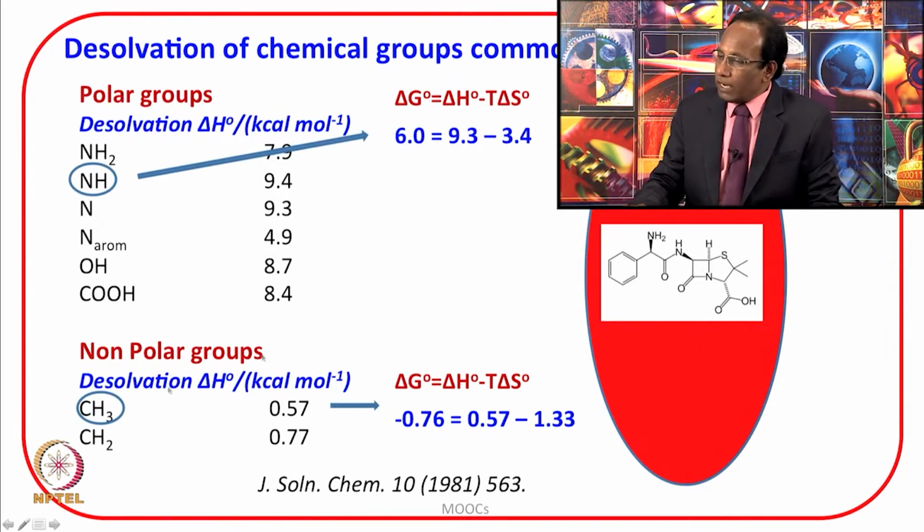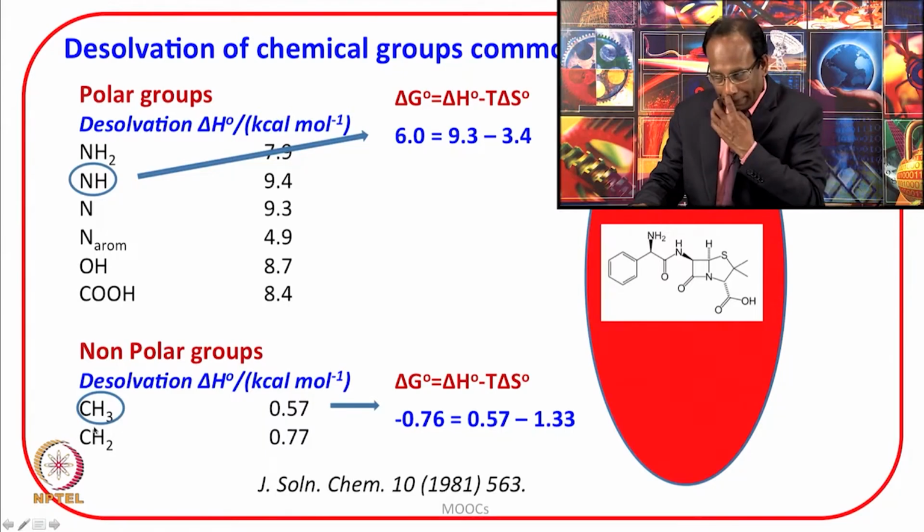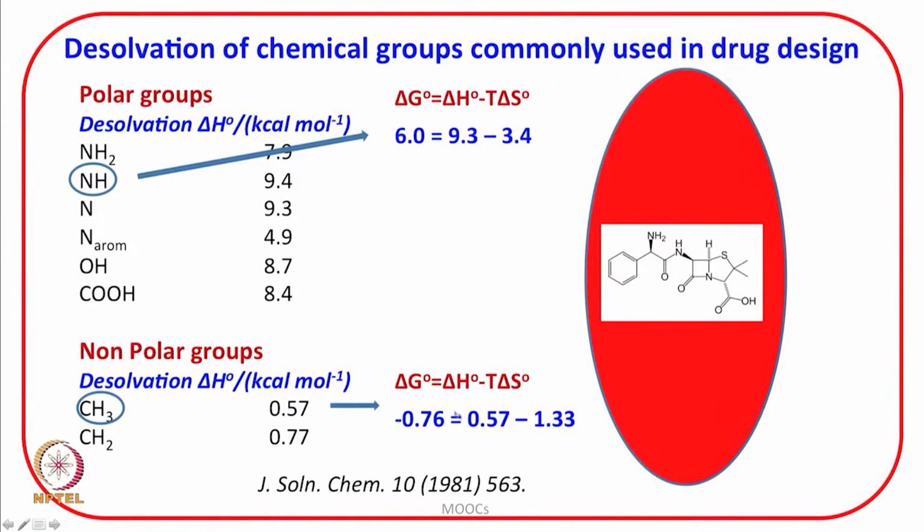And if we take a look at here, the desolvation of non-polar group, delta G naught anyway is small, minus 0.76, and delta H naught you see 0.57, which is quite small, and delta S naught is also very small positive.